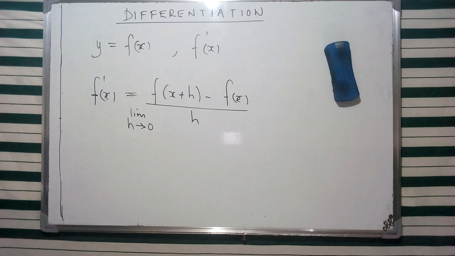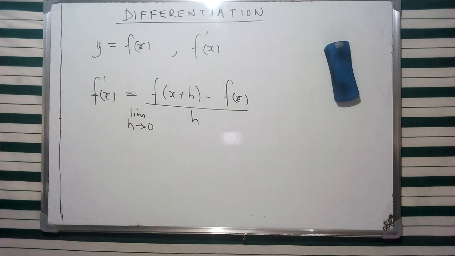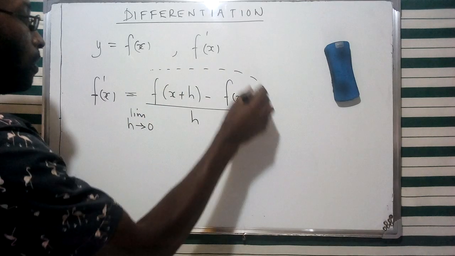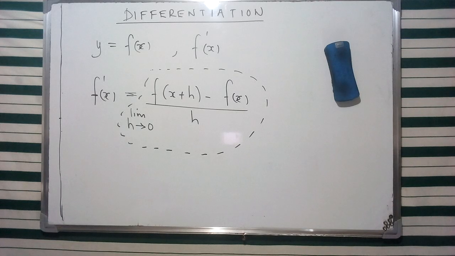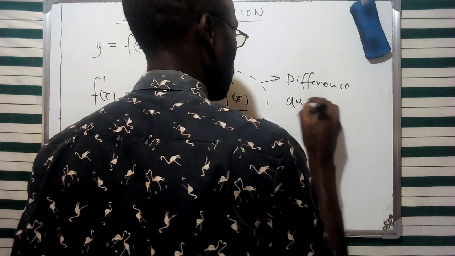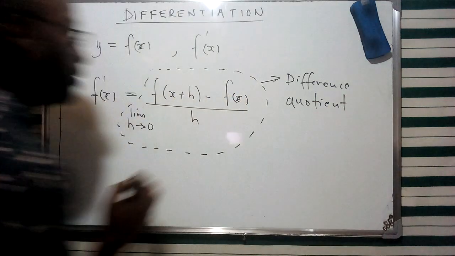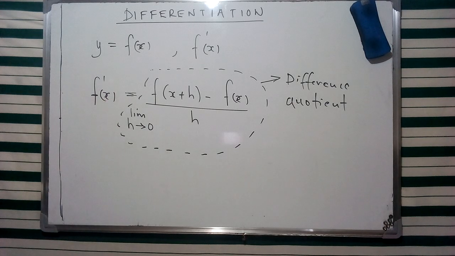From this illustration, this part of the function represents what we call the difference quotient. In case I mention the term difference quotient, I refer to this specific part of the derivative, f of x plus h minus f of x over h.